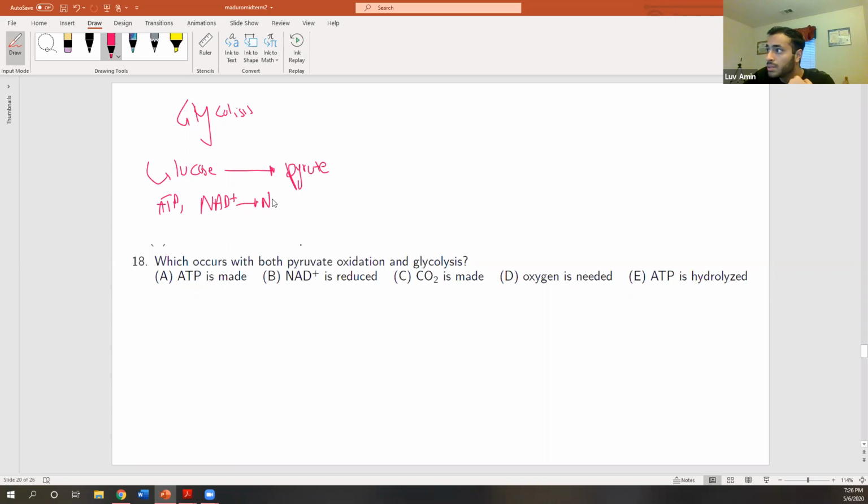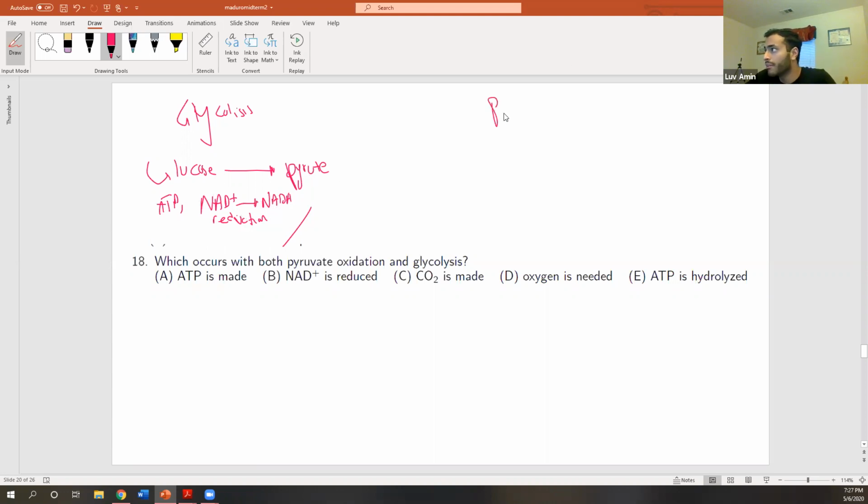Since we're breaking down a larger molecule, glucose, into a smaller molecule, pyruvate, we're losing some hydrogens, and those hydrogens and electrons can be carried through this electron carrier, NADH. That's through a reduction process, and this glucose is being oxidized. So those are the major things: ATP, NADH, and pyruvate.